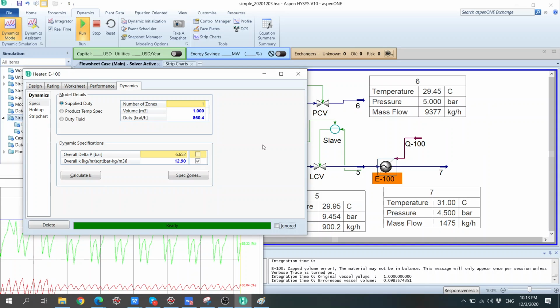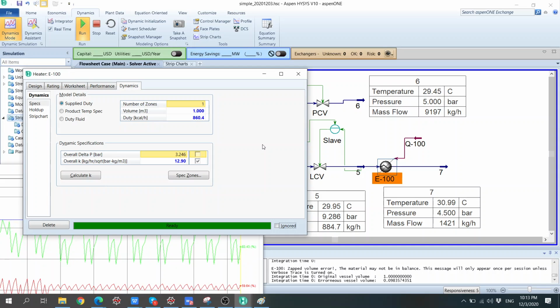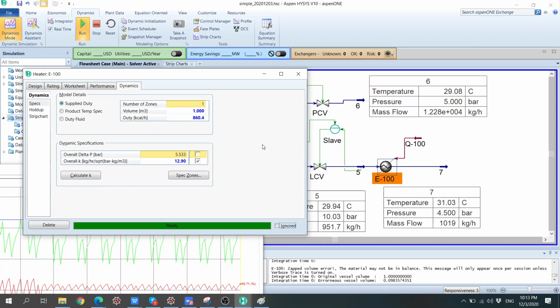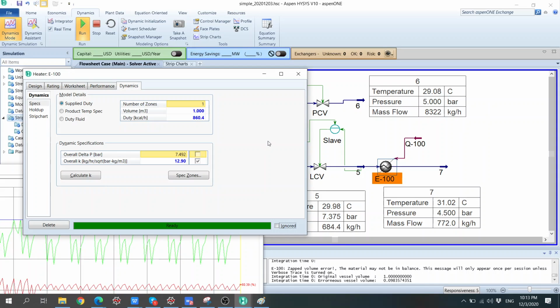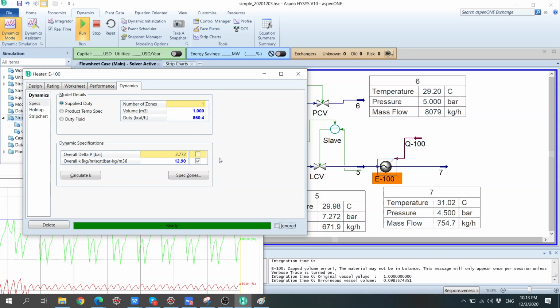What you could see as well here, because we did not have any size of the heat exchanger, we just sized it to whatever we want.